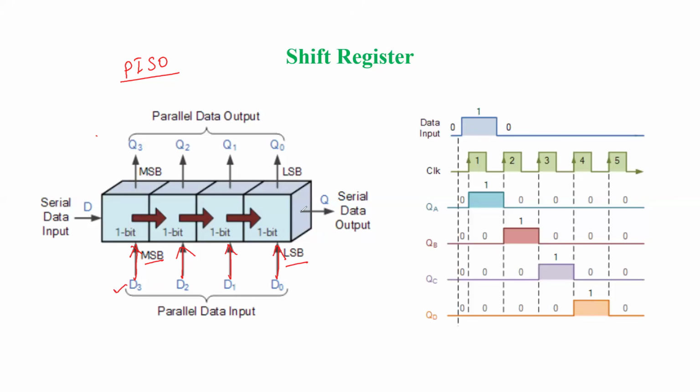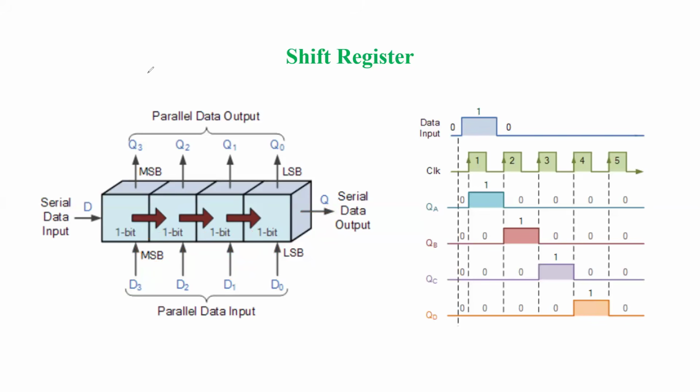But we are going to obtain the data serially from the rightmost flip-flop. So first we'll get the LSB bit. Again, the next bit will be transferred from here to here, and successively we obtain the rest. And at last, we obtain the MSB bit in case of parallel in, serial out.